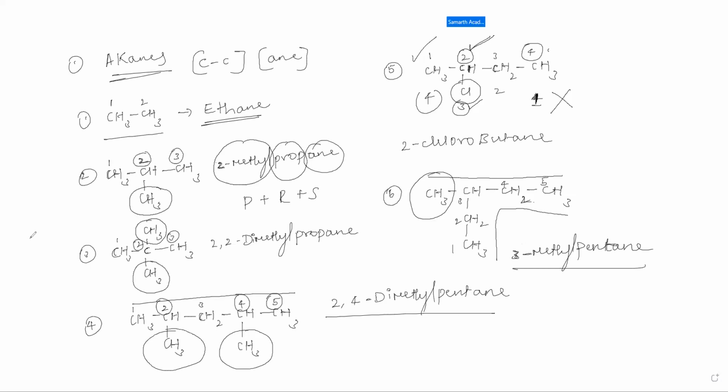Now we'll go to alkenes. Alkenes means a compound contains a carbon-carbon double bond, and the suffix is ene. Say, example CH2 double bond CH2.